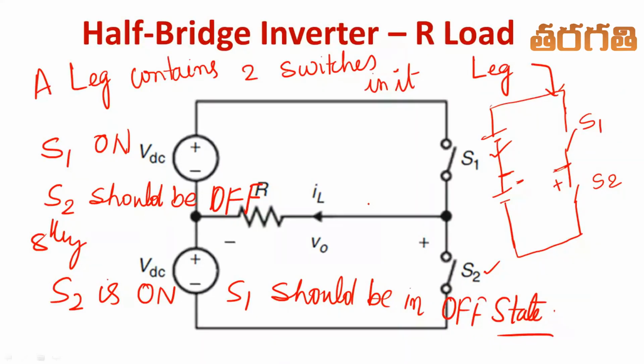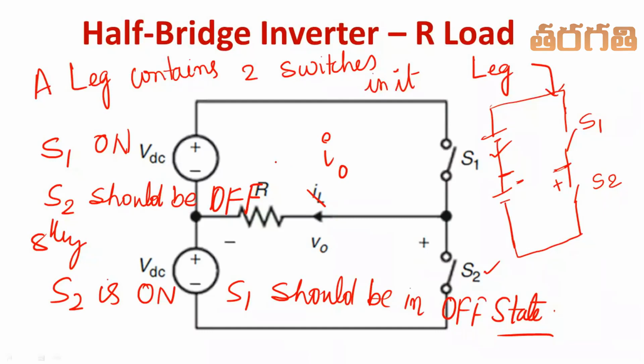This is the basic circuit diagram for a half bridge inverter with resistive load. The load current here is not IL but I0, and the voltage across the load is V0.